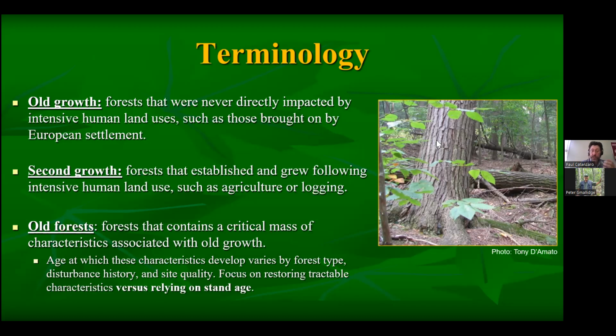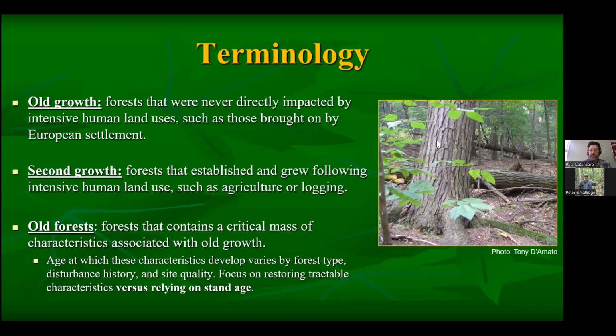To differentiate those forests that are out there, and hopefully there will be more in the future, that can accrue these characteristics once they've reached a point where they've got similar amounts of down wood, similar structural attributes and so forth, we can call that old forest, to recognize that it's not old growth, but it does have a critical mass of those characteristics.